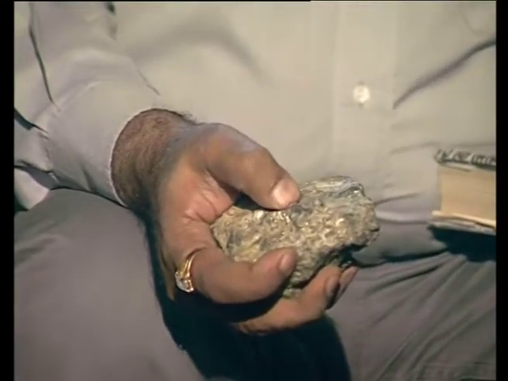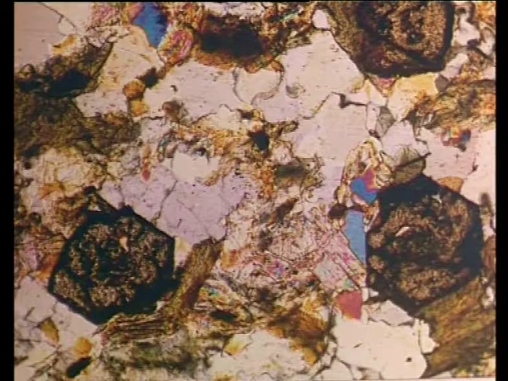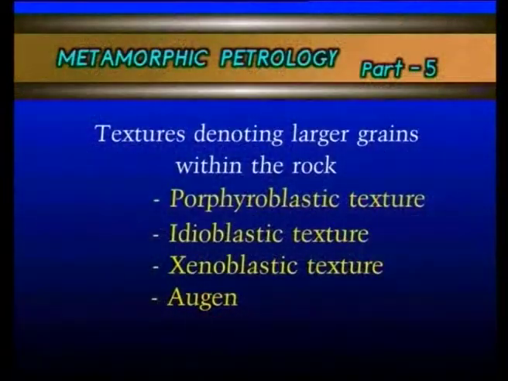So here the staurolite is also showing a porphyritic texture as a porphyroblast, normally bigger in size as compared to other minerals. So this texture is known as a porphyroblastic texture. Now let us take the second important one, that is idioblastic texture. In idioblastic textures, the mineral grains must be euhedral.